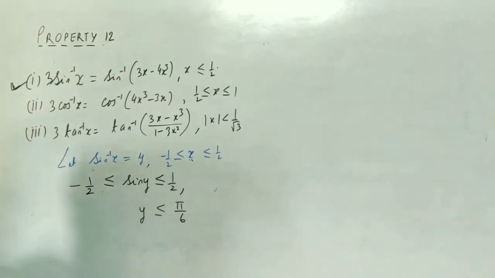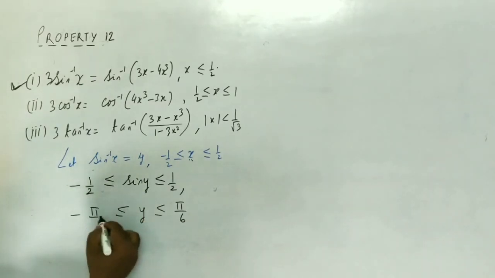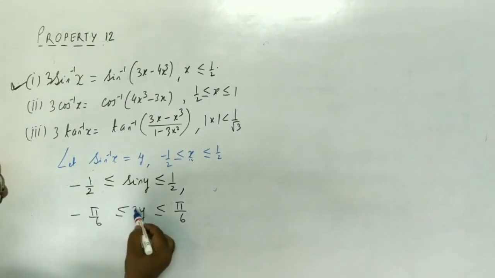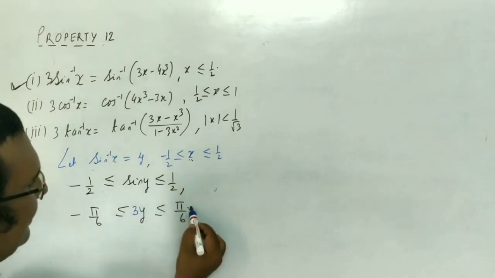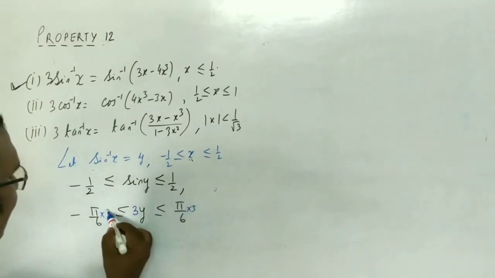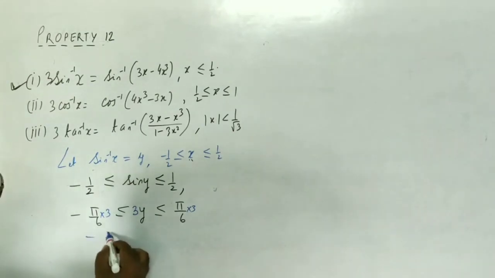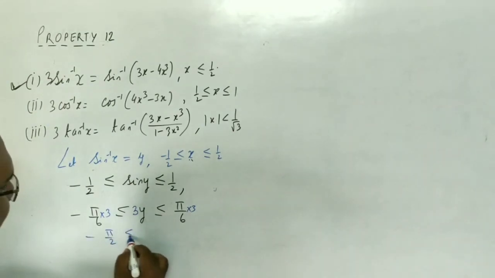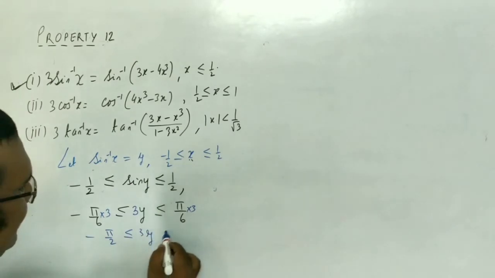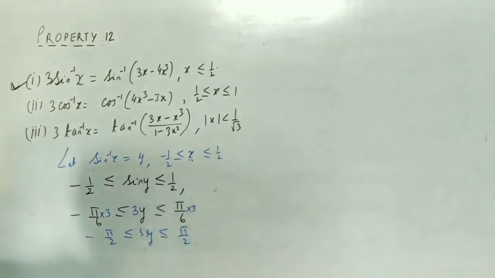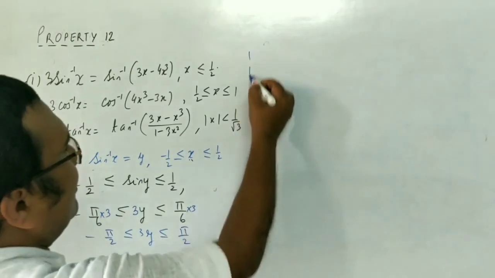Sin 30 is 1 by 2, minus pi by 6. And if I multiply here 3, 3 into 3, what I get? Minus pi by 2. A typical inverse condition for sin inverse.